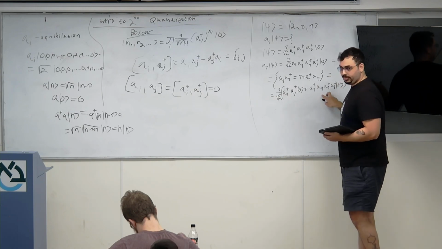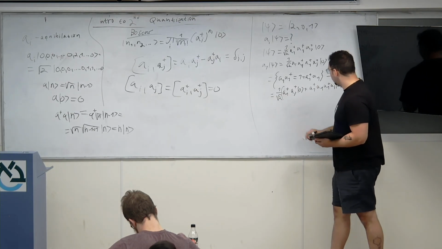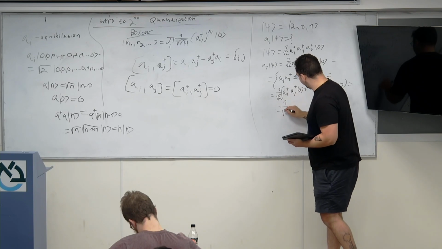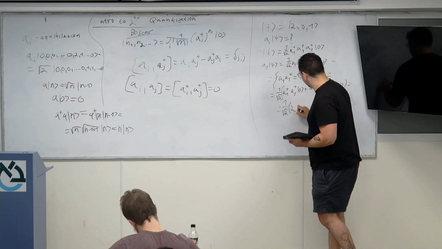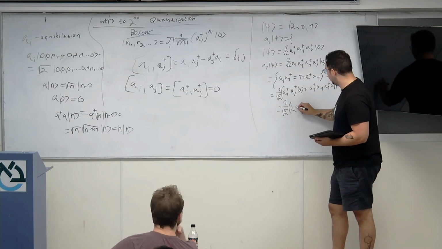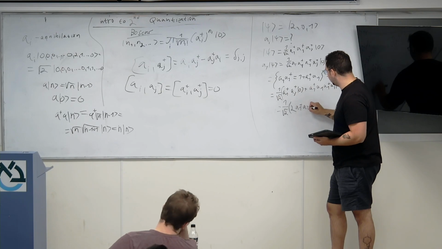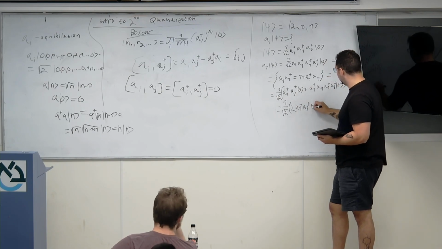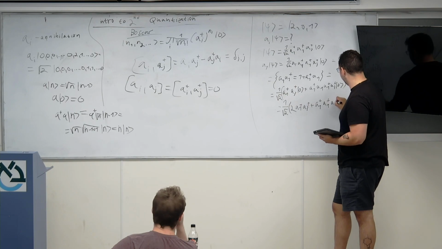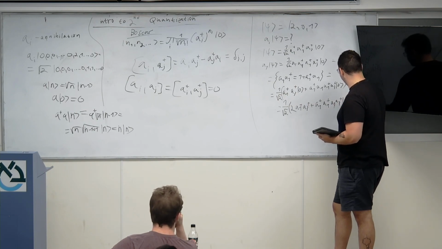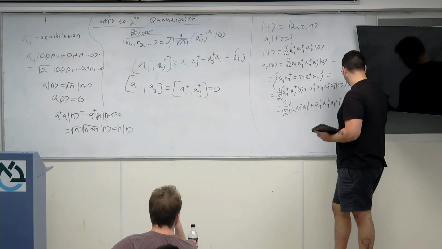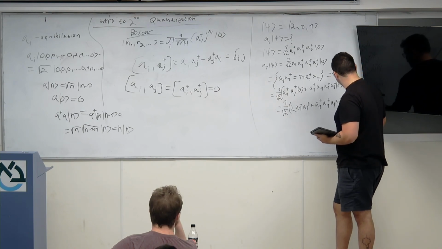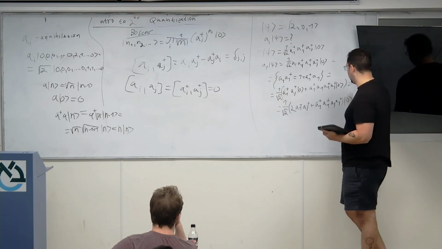Right, then I'm going to flip them again. 1 over square root of 2, 2 a1 dagger, a3 dagger, plus a1 dagger, a1 dagger, a1, a3 dagger, vacuum.